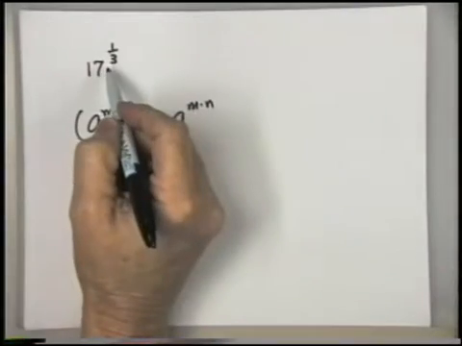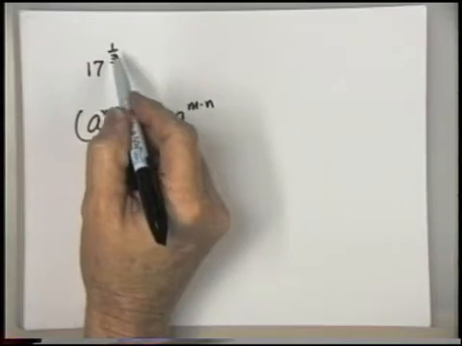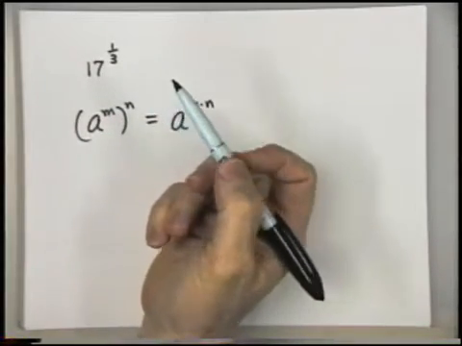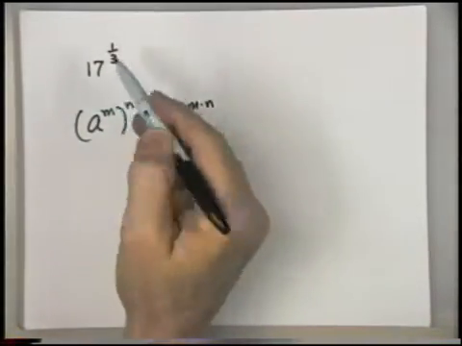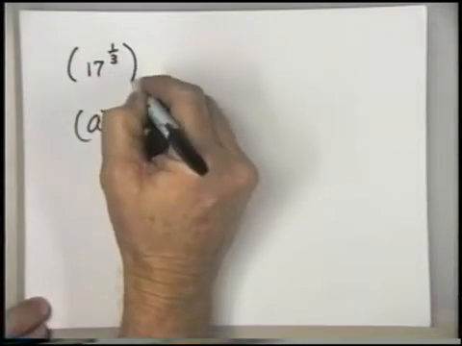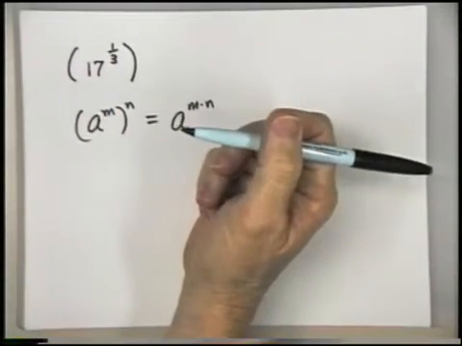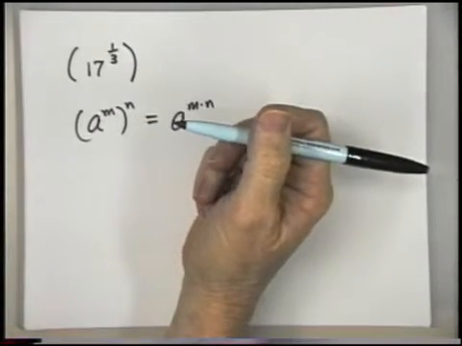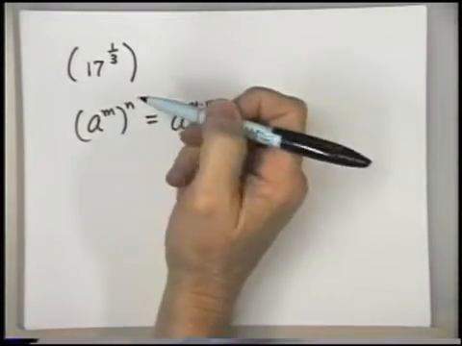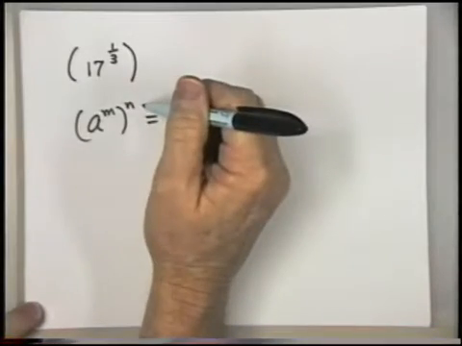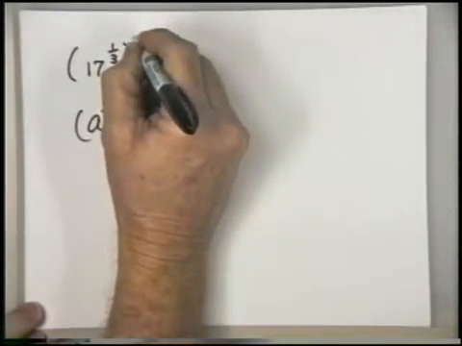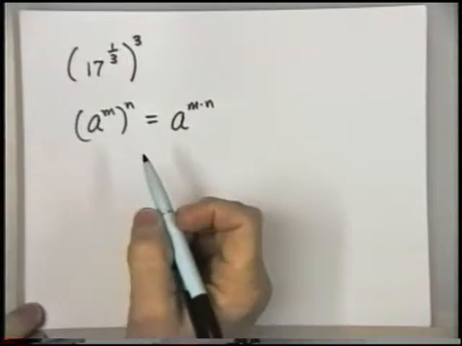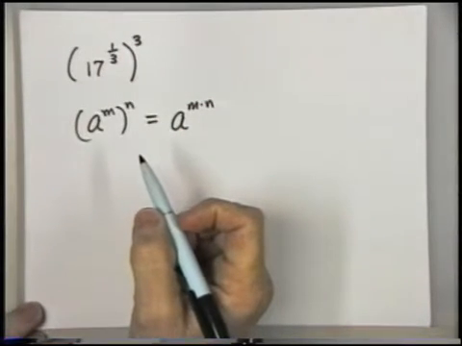So if this is a power of 17, just happens to be a rational power of 17, if I take that as my base and raise it to a power, then that has to have meaning as well. And let's do it for a particular exponent. What if I were to take the third power of this rational power of 17?